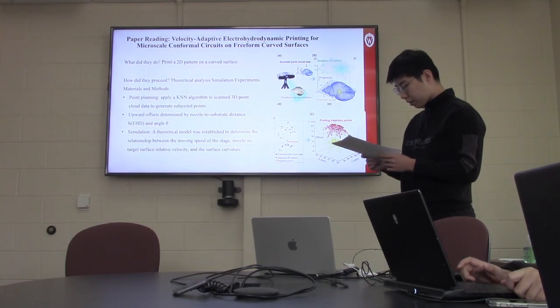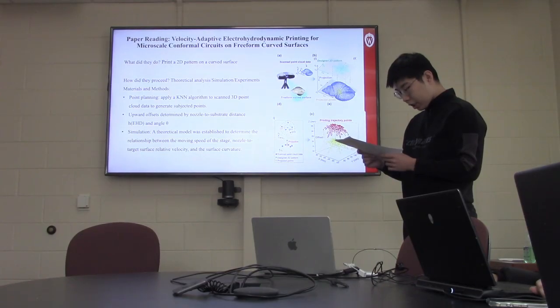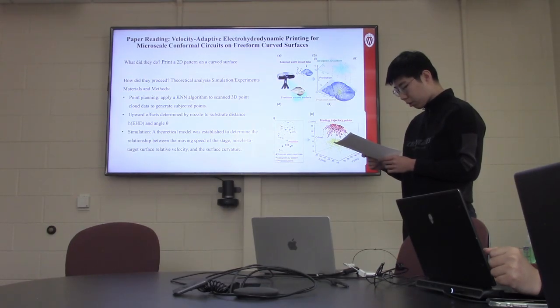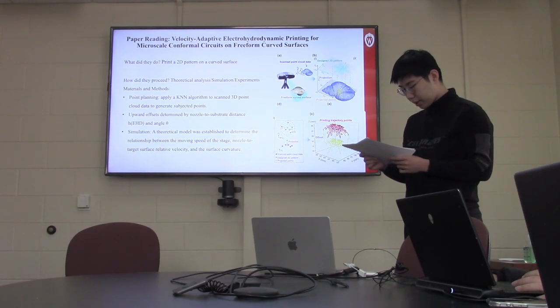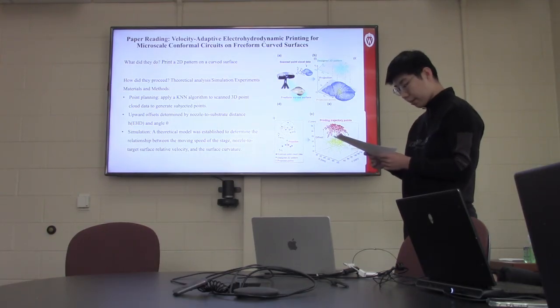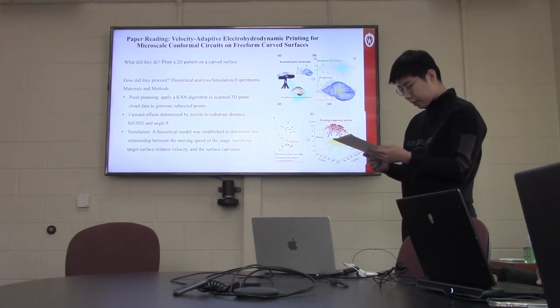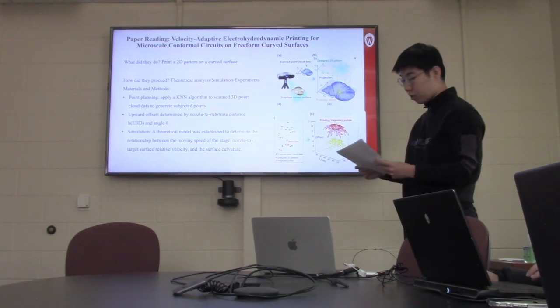They also designed a control system adjusting each point's height based on the nozzle's distance and the surface angle at every spot. They also created a theoretical model linking the print head speed to the curvature of the surface, which told them how to vary the printing velocity as the surface shape changed. Reading this paper gave me ideas and a deeper understanding of how to approach my research, and it was really useful for my own project.